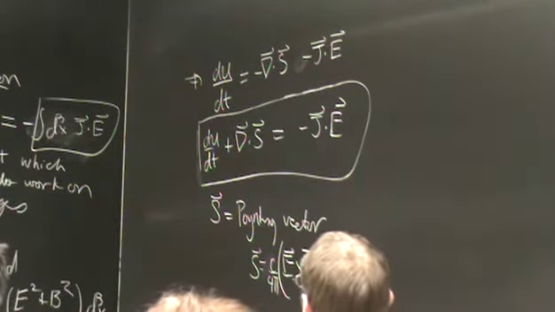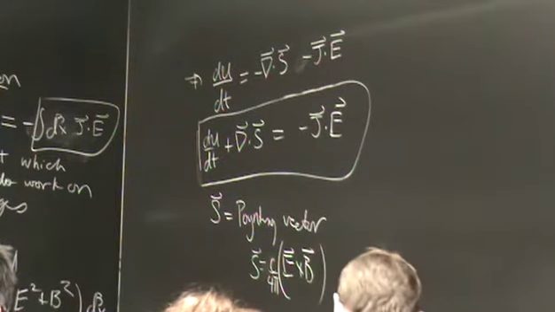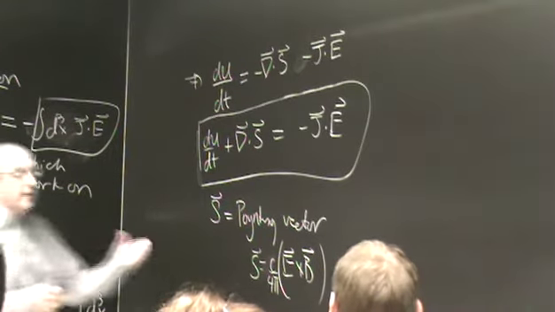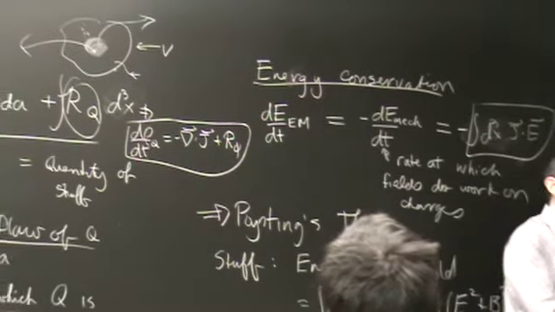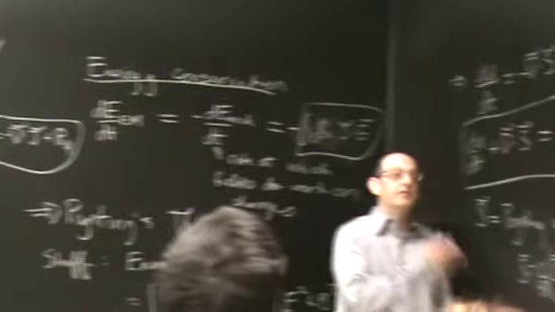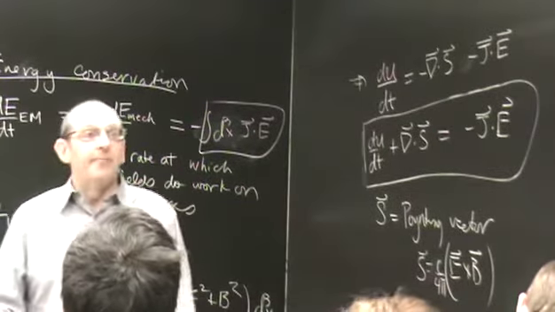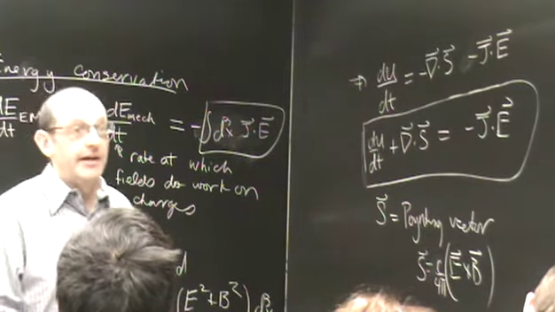So, the Poynting vector represents the flux density of electromagnetic energy. This is, as we said, for a general conservation law, we're talking about the rate at which electromagnetic energy flows per unit area. So it has units of power per unit area.